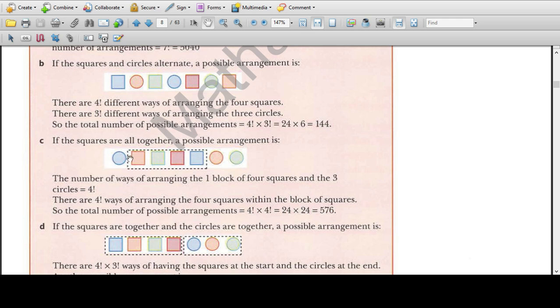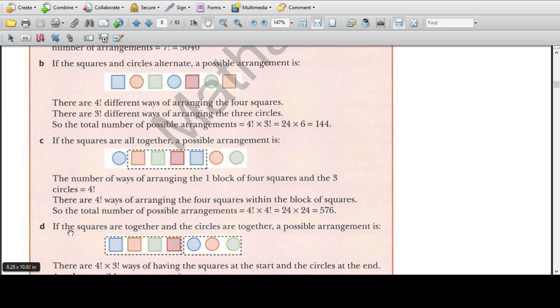Along with these 3 circles, the block is considered part of the arrangement. So this becomes 4 into 4. So the total number of possible arrangements is 4 into 4 for this condition.